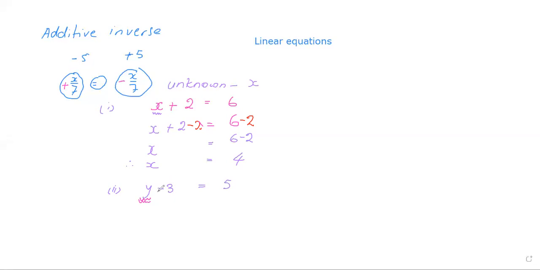So we need to get rid of this foreign element here. We remain with the y. For us to get a 0, we set a number and its additive inverse gives us 0. So we are going to add a 3 here. That is equal to a 5 there.